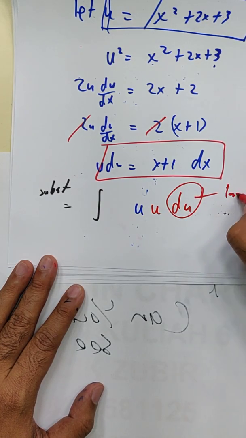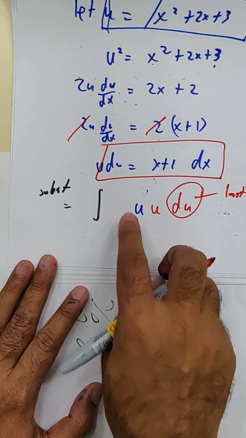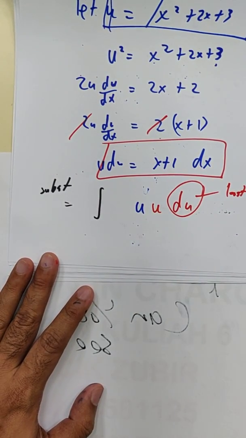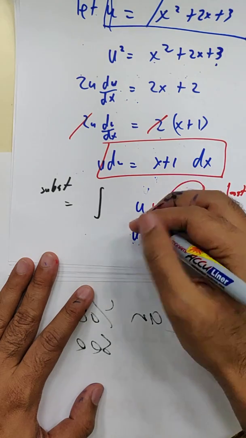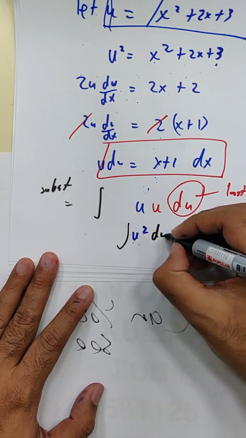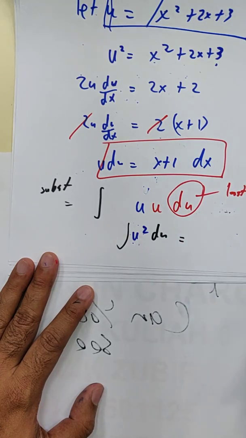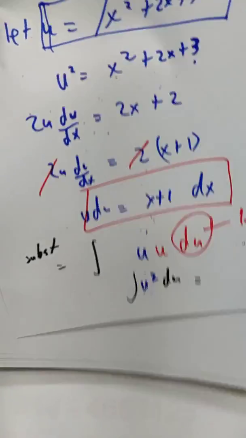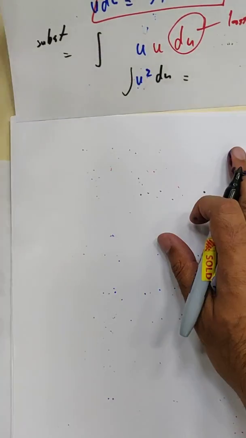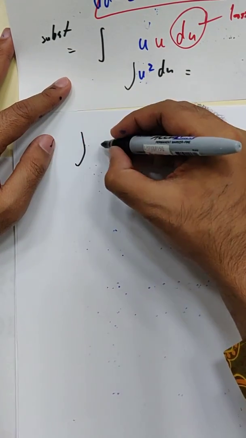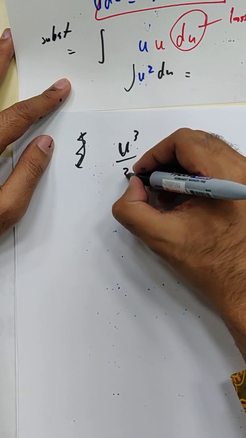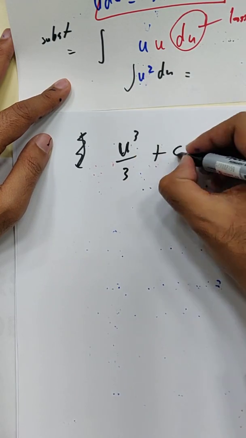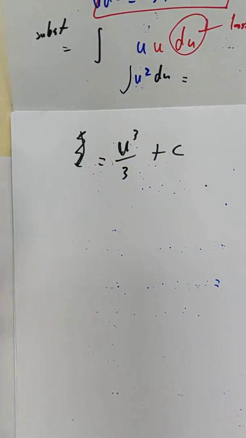This one is the last thing. u squared. Integrating that, u cube over 3 plus c. Should I leave my answer in u? You should not. You should substitute back.